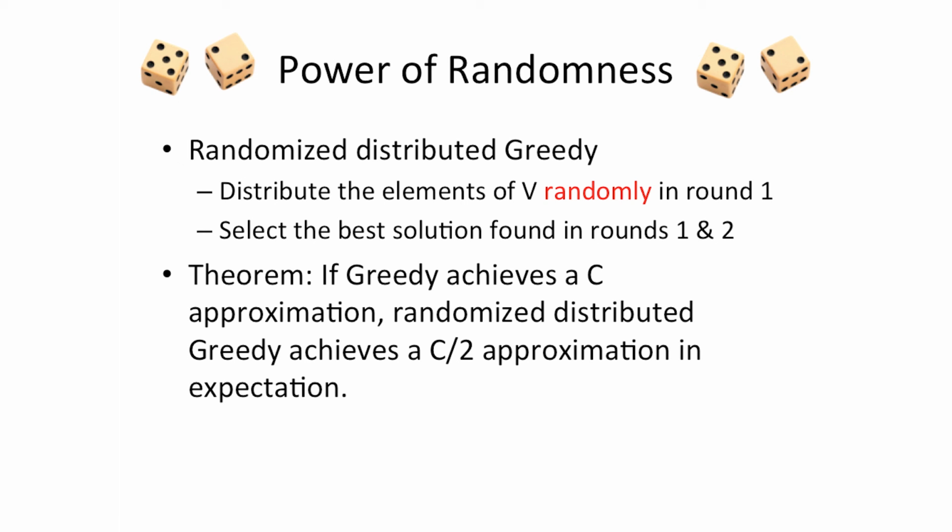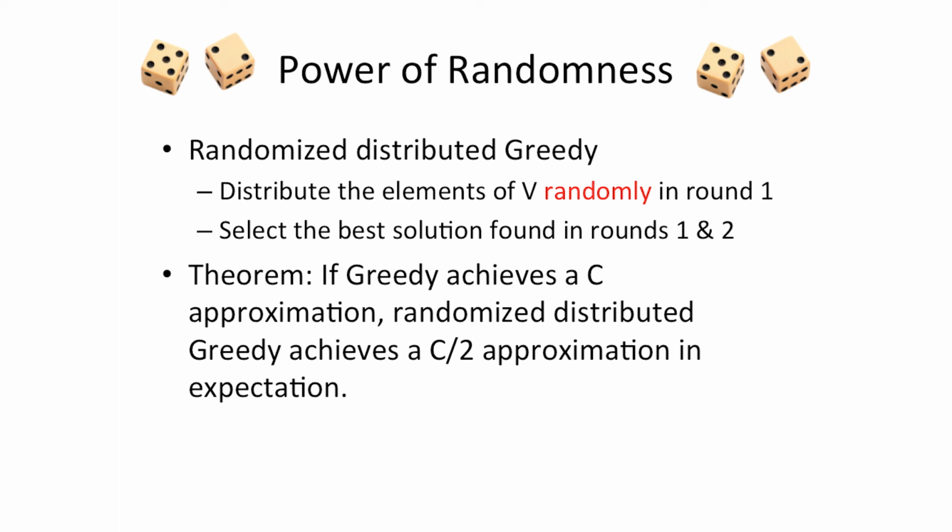And otherwise, the algorithm was exactly the same. And perhaps surprisingly, what we could show is that this simple modification is actually crucial. And in fact, for this variant, where things are randomly distributed, we can prove much better approximation guarantees.